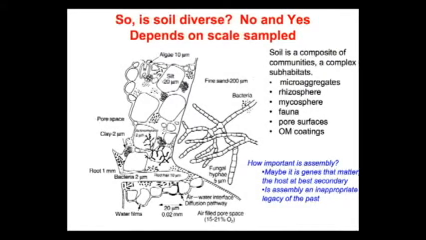And the point I make here is that soil actually is a composite of many communities and a complex of subhabitats. But it's also a very old environment. This type of environment here, without the macroorganisms, has been here for the last 3.8 billion years. In more recent times, we have higher organisms that also contribute to the community.